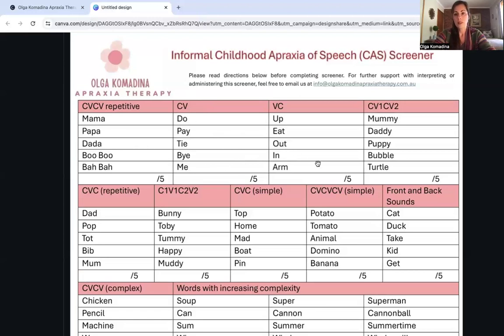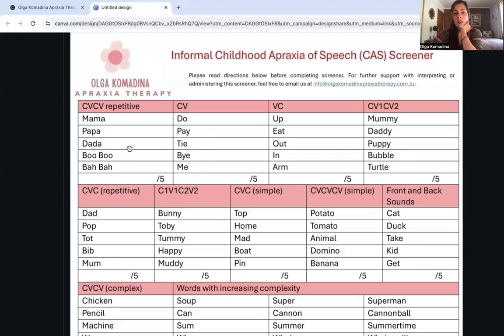For example, we might play a game and say it's mama's turn, and we might say, mama do, or we're playing a game and something needs to come up, up, up, right? So mama up. So these words are going to become the basis of our therapy.